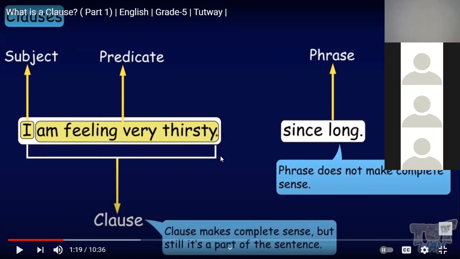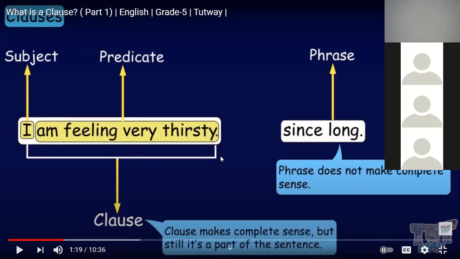And a clause makes complete sense, but it's still a part of the sentence.